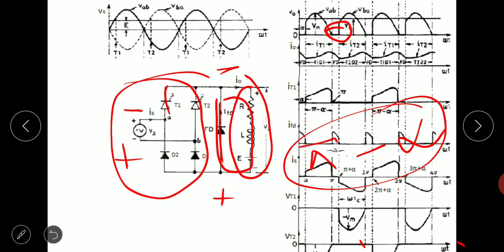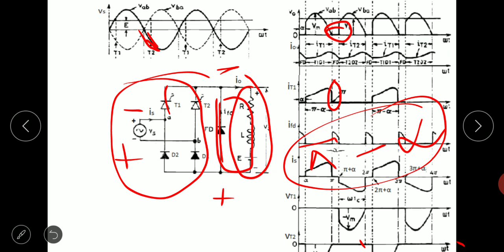If we are triggering the thyristor at 30 degrees, then the thyristor is conducting only for 150 degrees. So the thyristor gets an additional 30 degrees that will be added to its circuit turn-off time. In this duration, you can see that the supply voltage is negative, so T1 will be reverse biased. So this additional 30 degrees will get added to our circuit time.